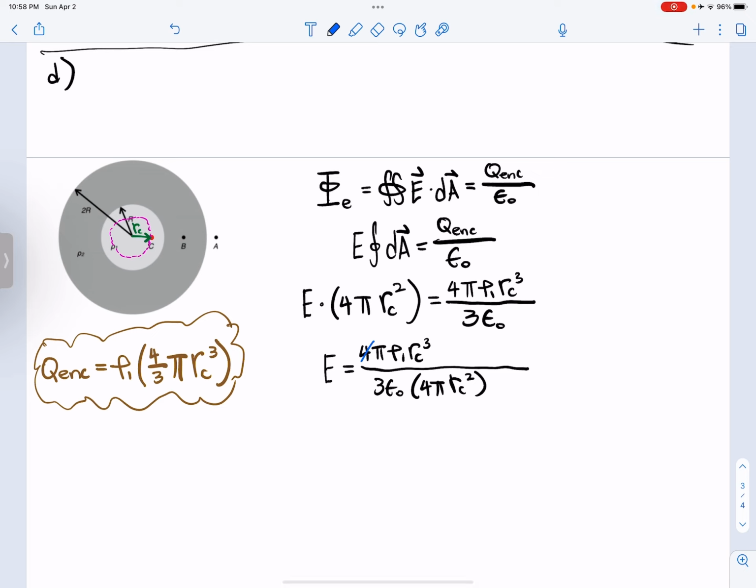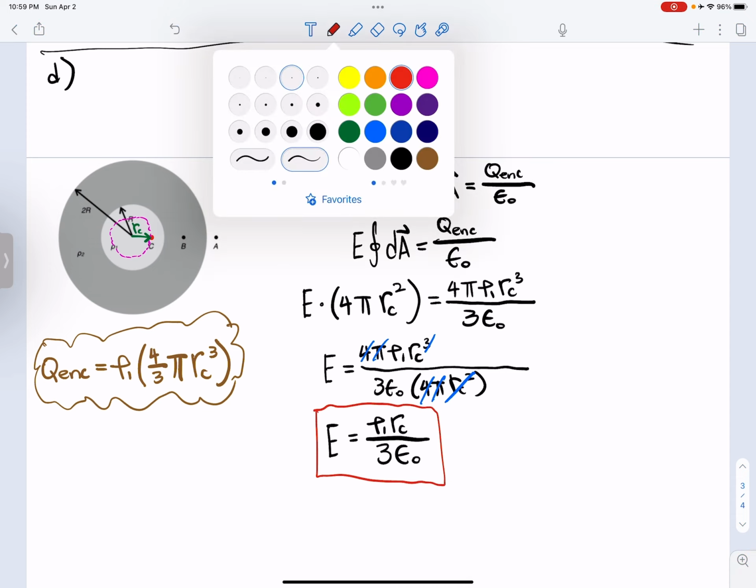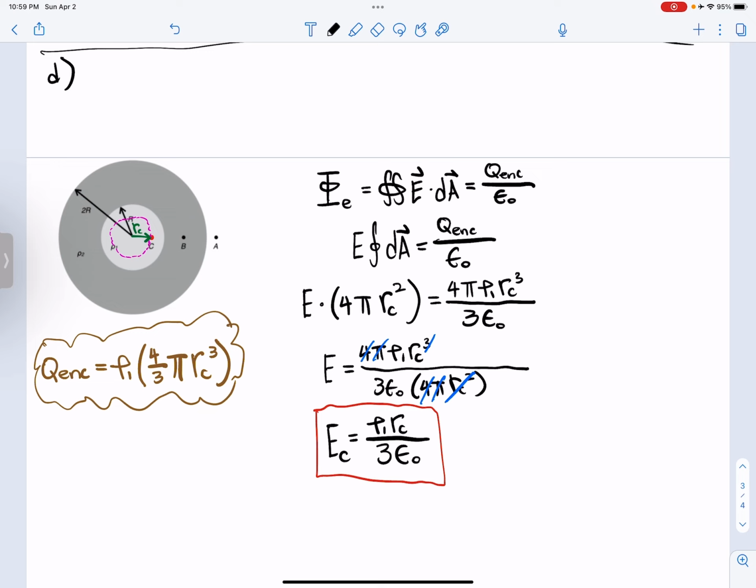So now let's cancel out like terms in numerator and denominator. 4 pi RC squared will cancel with a cube. So we are left with electric field is equal to rho 1 RC divided by 3 epsilon naught. And that'll be our final answer for part D. That is the electric field at point C. Okay, hope that was fairly clear.